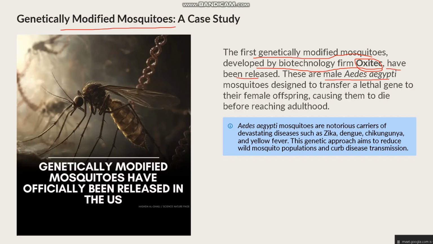These are male Aedes aegypti mosquitoes designed to transfer a lethal gene to their female offspring, causing them to die before reaching adulthood, before completing the life cycle. Aedes aegypti mosquitoes are notorious carriers of devastating diseases like Zika, dengue, chikungunya, and yellow fever. This genetic approach aims to reduce wild mosquito populations and curb disease transmission.